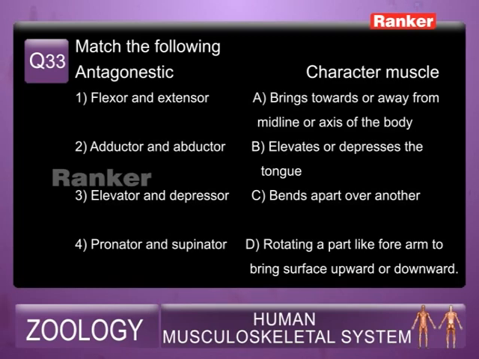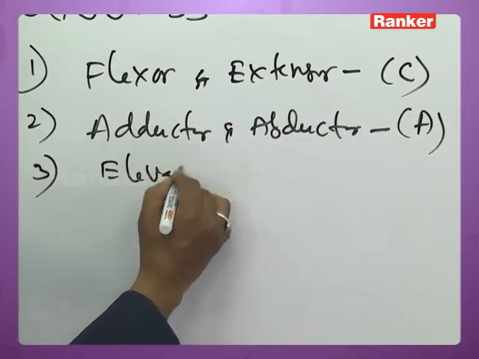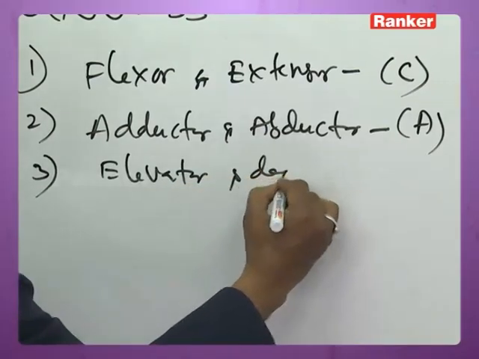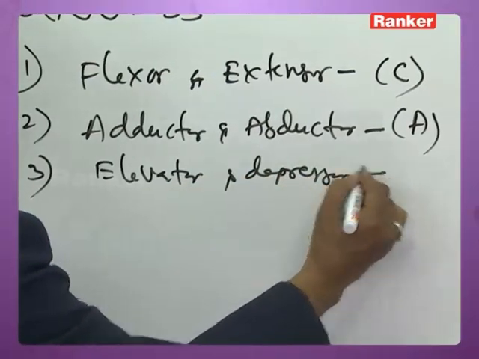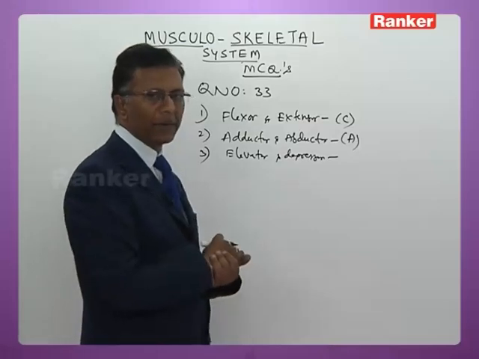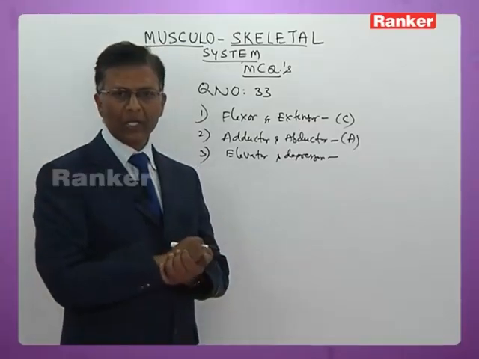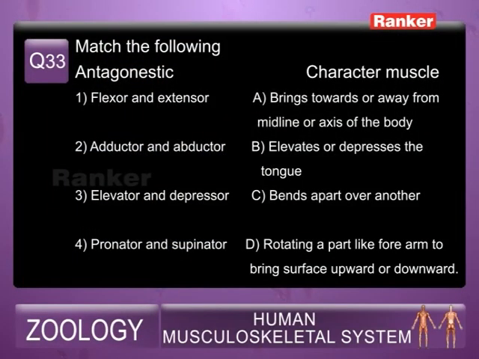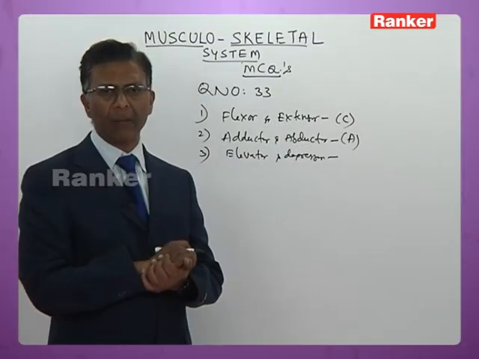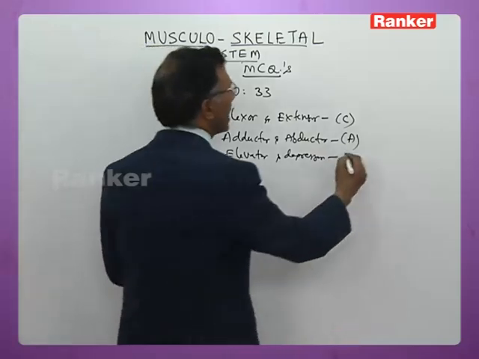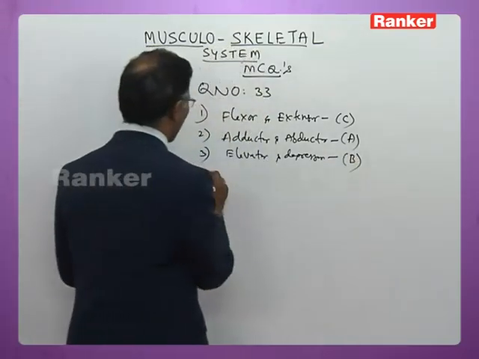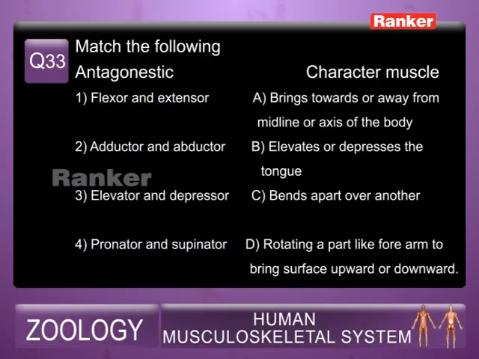And third is talking about elevator and depressor. Elevators elevate a part of the body, depressors depress a part of the body. So among these, elevator or depressor of the tongue. Tongue is either elevated or depressed. So B is the correct answer for this. And the fourth one is talking about pronator and supinator.